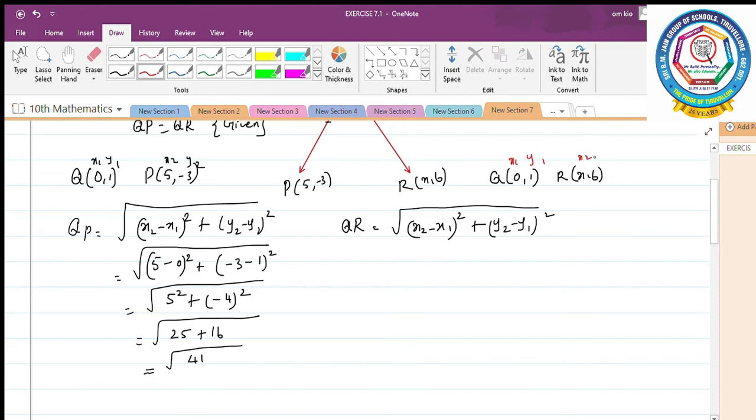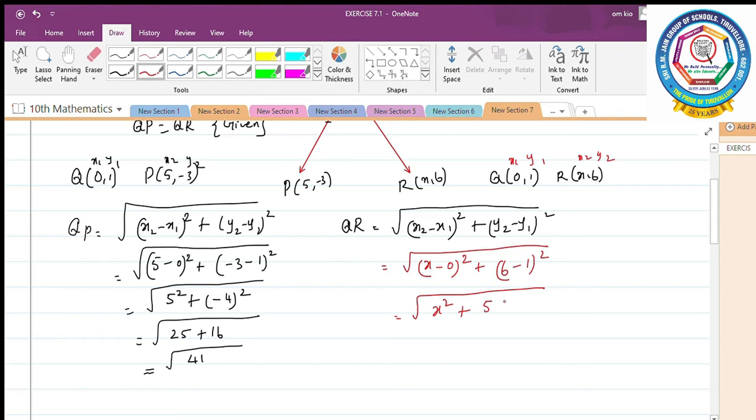This is x2, y2. Now you substitute here. Square root of x2, what is x2 here? x minus x1 which is 0, the whole square, plus y2 which is 6 minus y1 which is 1, the whole square, which is equal to square root of x minus 0, x. So x square plus 6 minus 1, 5.